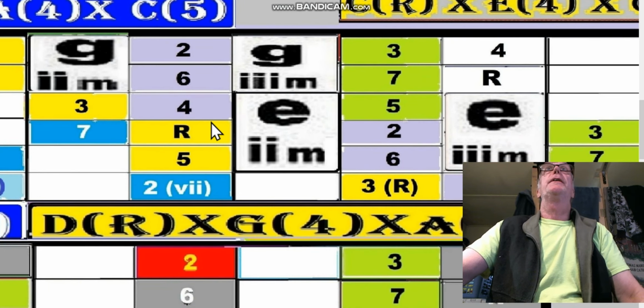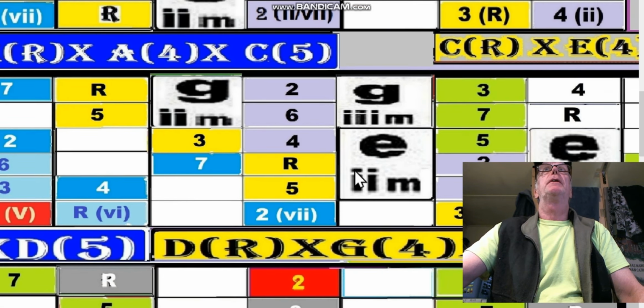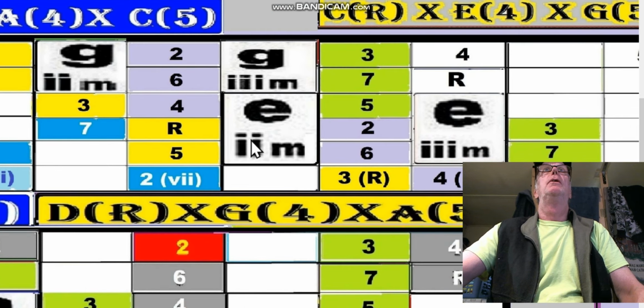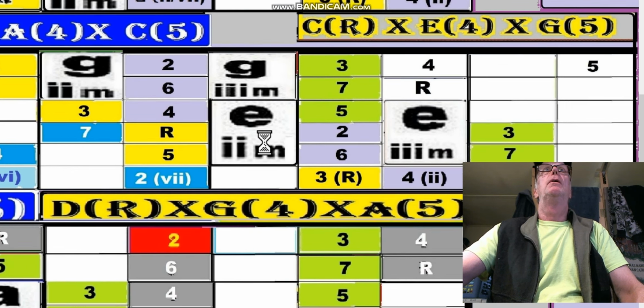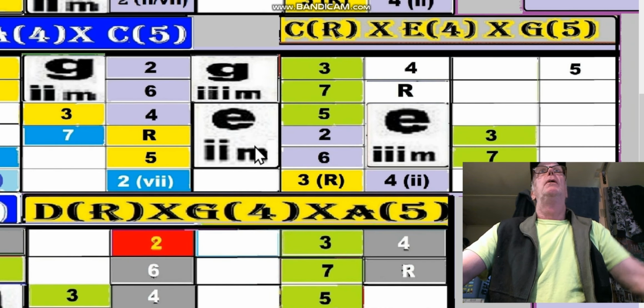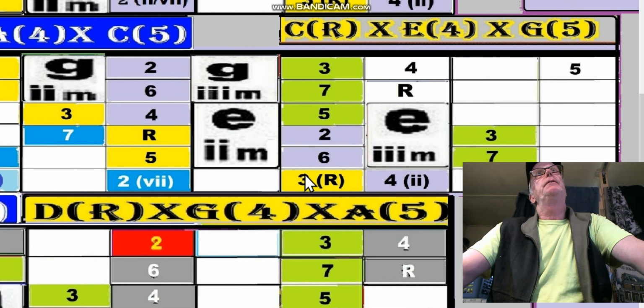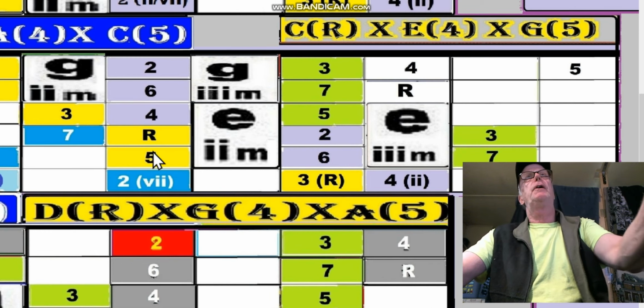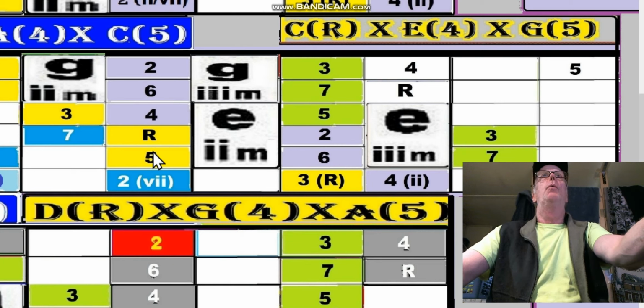Now let's look at this. We'll zoom out a little bit there. Here's a true first inversion root. 3, 5, 6. What shape is that? What is it saying right there?